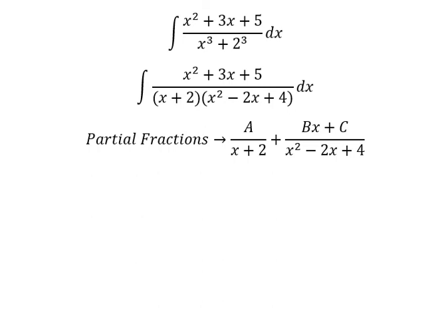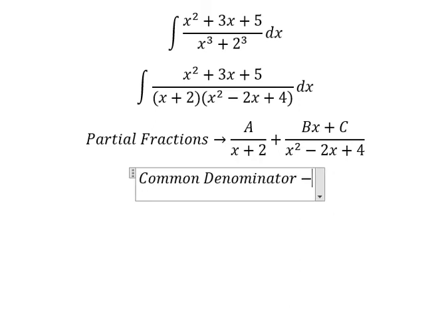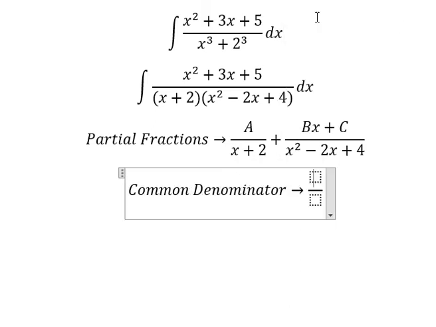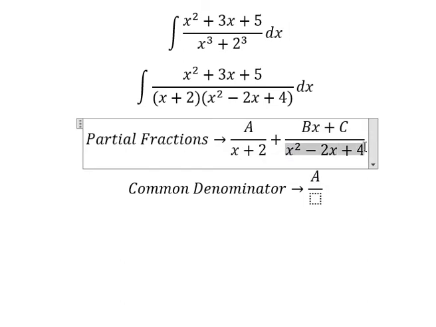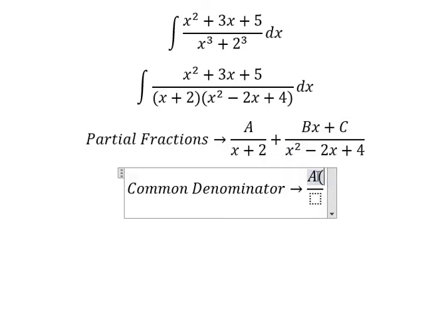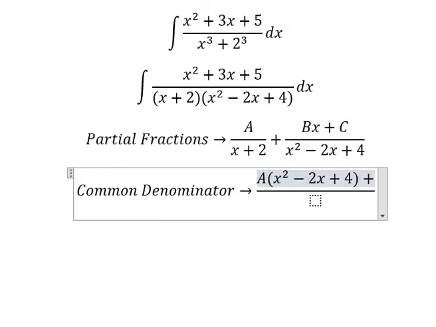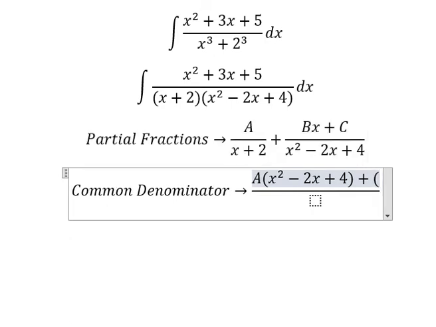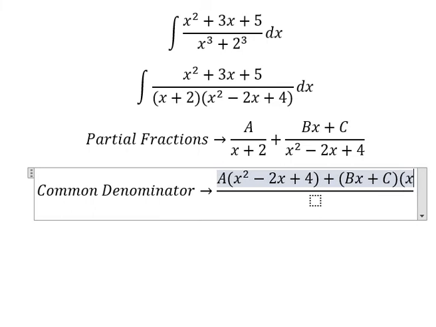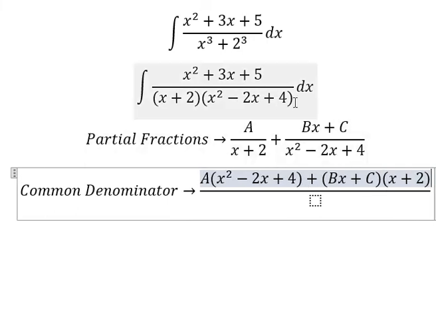So we do the common denominator. So we have capital A multiplied by this one, bs plus c multiplied by s plus 2, and we have this one in here.